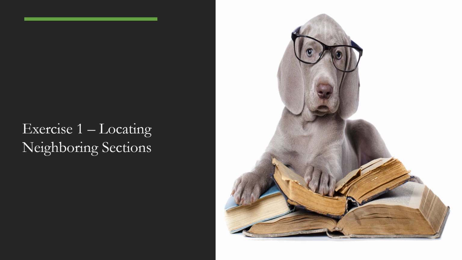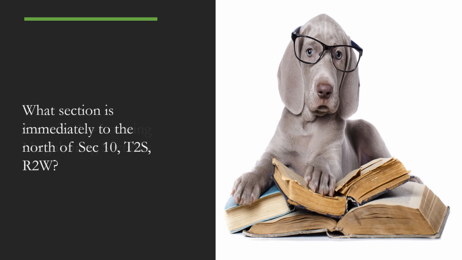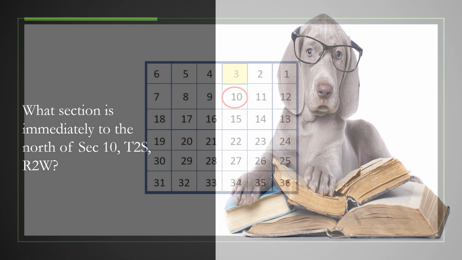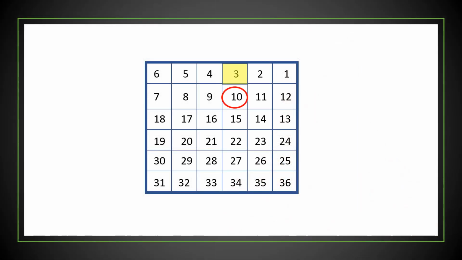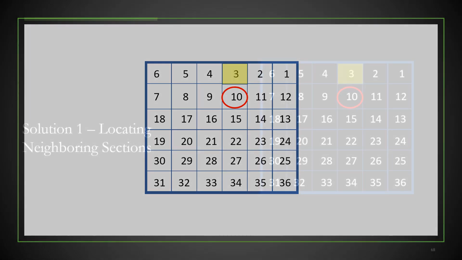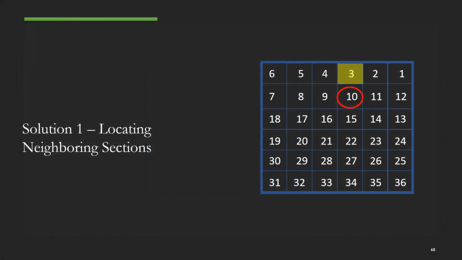So here's an exercise locating neighboring sections. What section is immediately to the north of section 10 T2S R2W? The solution.